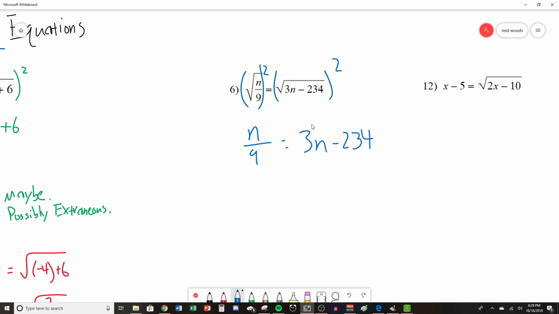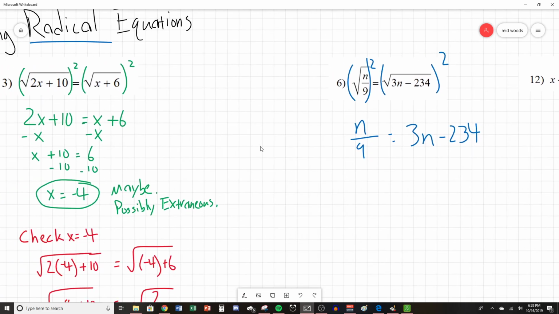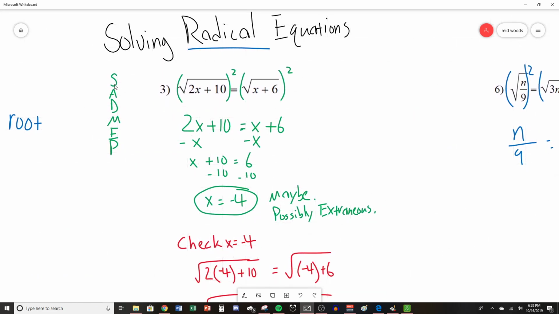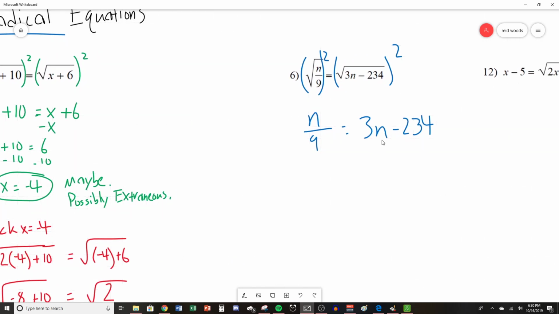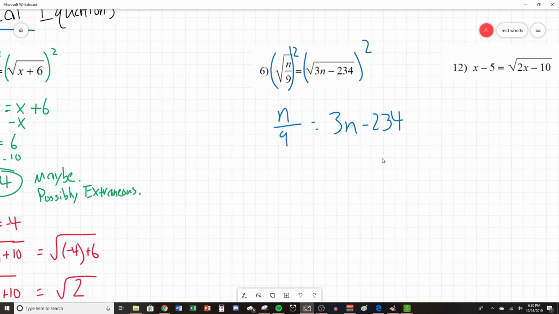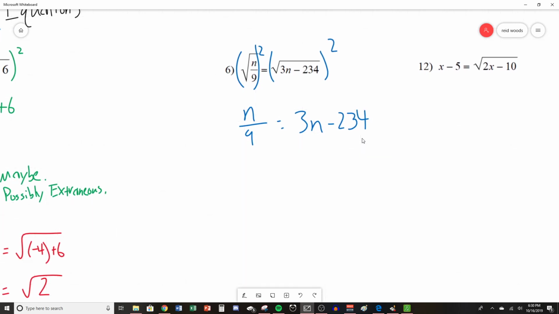Now, if we're doing those inverse operations, technically what you would want to do is subtract and add to start this off. Well, this is kind of a confusing format for students who don't really have the algebra skills for it.